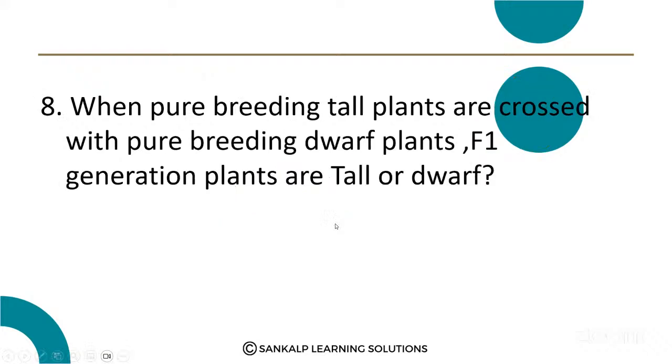When pure breeding tall plants are crossed with pure breeding dwarf plants, F1 generation plants are tall or dwarf? Pure breeding tall means capital T, capital T, and pure breeding dwarf means small t, small t.